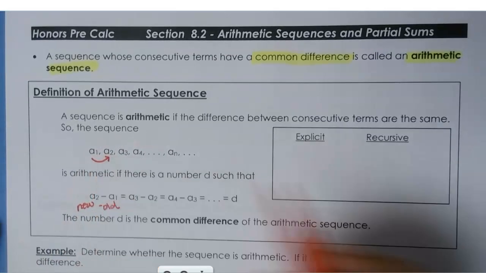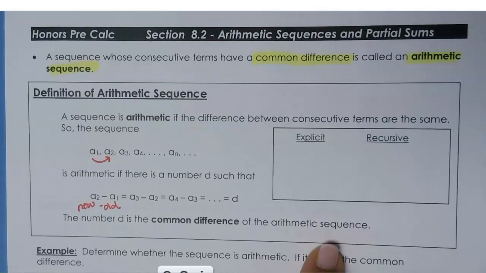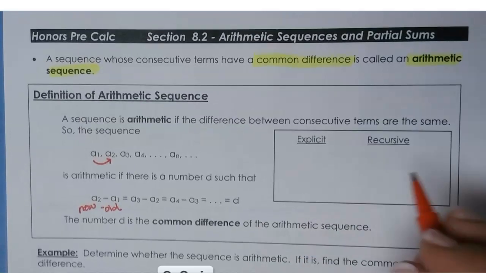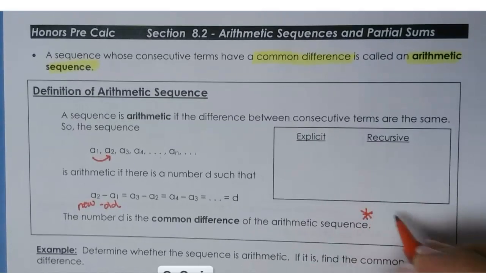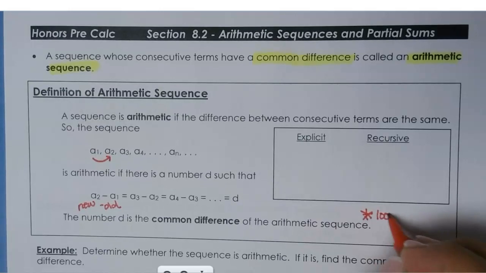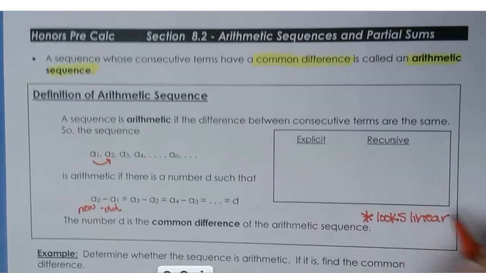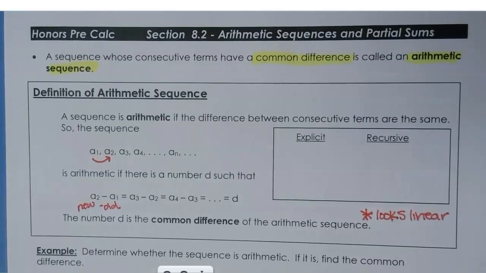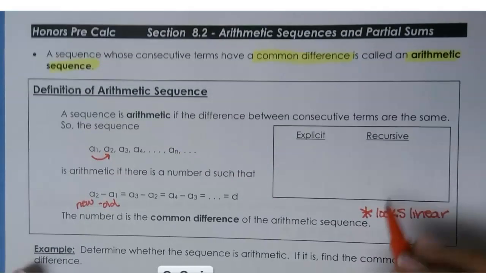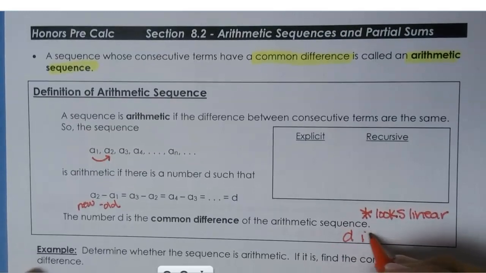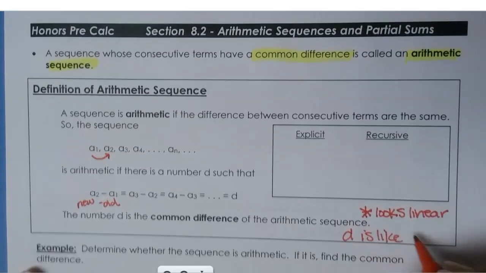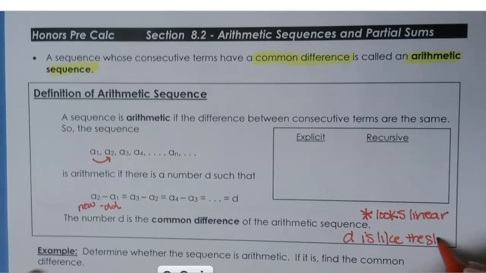So that number d is called the common difference of the arithmetic sequence. And if you graph an arithmetic sequence, it's going to look linear, and that common difference d is like the slope of our linear equation.